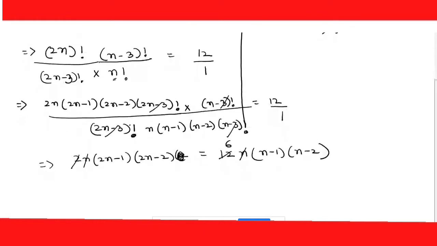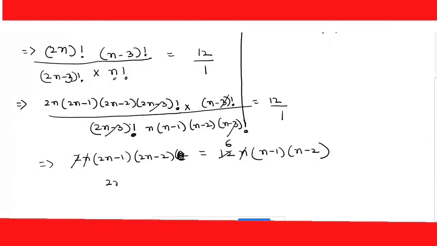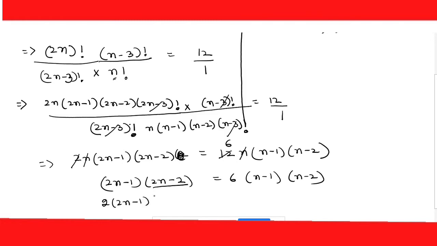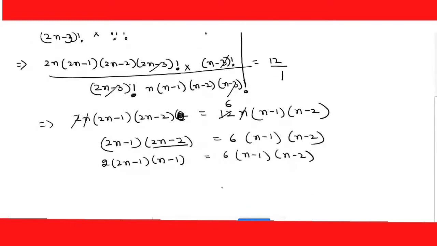Now 2n minus 1, 2n minus 2 equals 6, n minus 1, n minus 2. From here we can also take common 2. It becomes 2n minus 1, n minus 1 equals 6, n minus 1, n minus 2. Whenever there's a factorial, don't cut. After that, you can cut when factorial is removed. 3. And this also gets cancelled.